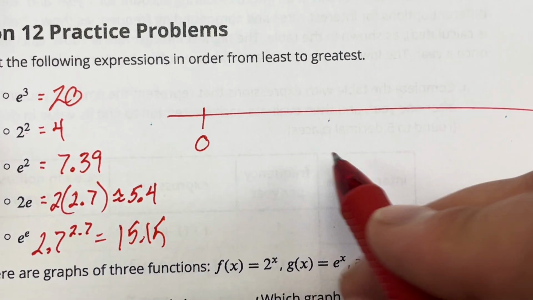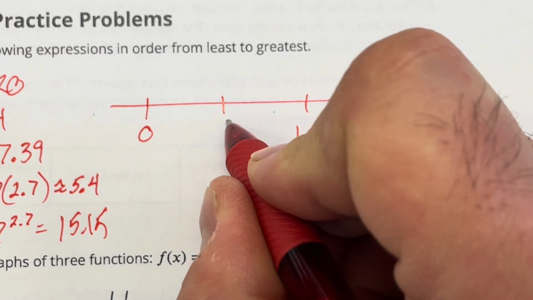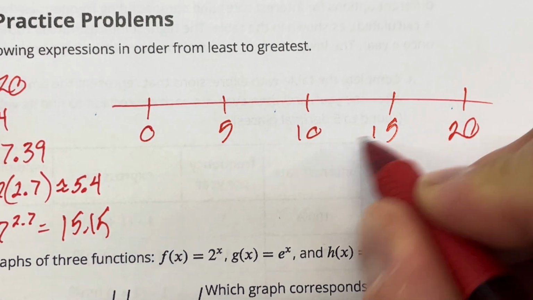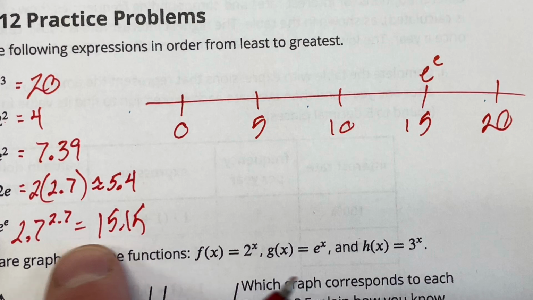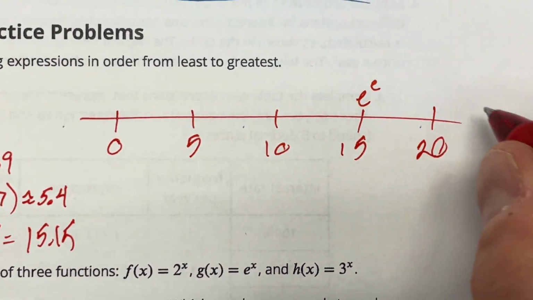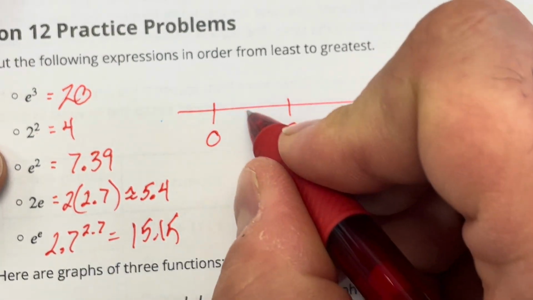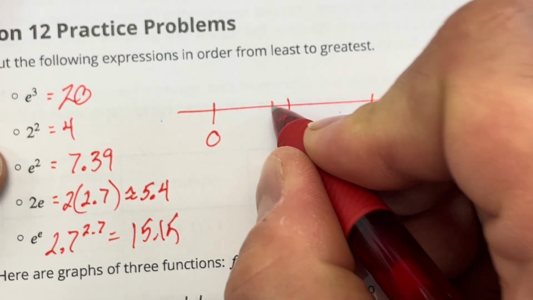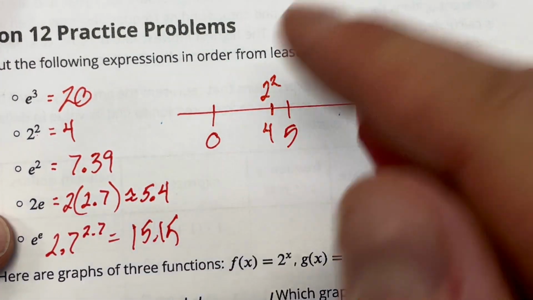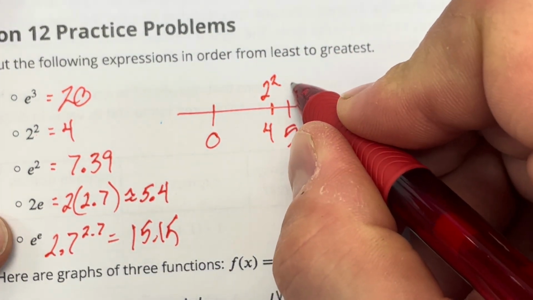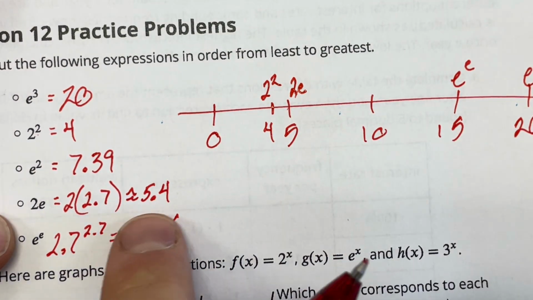If we're going all the way up to 20, if 20 is all the way up there, and 10 is here, and 5 is there, 15 is here, then we roughly see that e to the e is there. That seems to be one of the largest numbers. The largest number is e to the third power. Let's see, 4, which would be right there. 4 would be 2 squared. 2 times e is a little bit bigger than that. 2e would be a little bit bigger than 5.